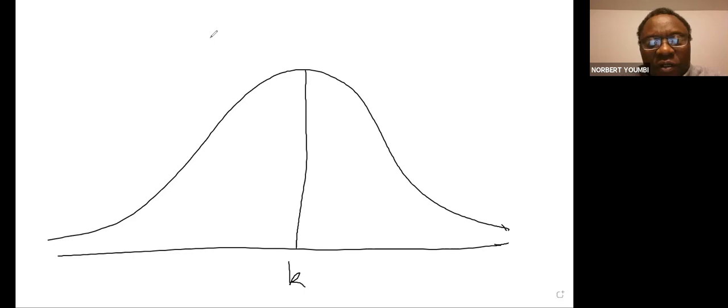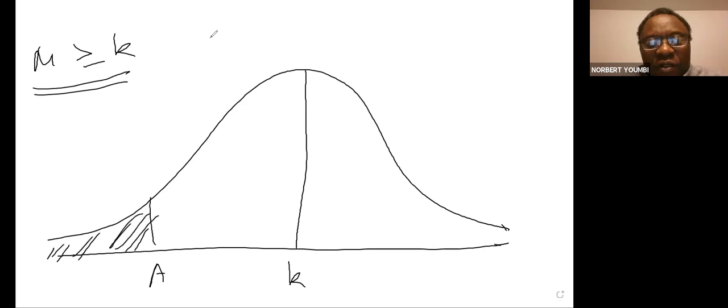We start with the mean equal to k. And let's assume that we are dealing with a null hypothesis that mu is greater than or equal to k. We set A here as the critical value. We want to determine the position of the sample statistic with respect to A.